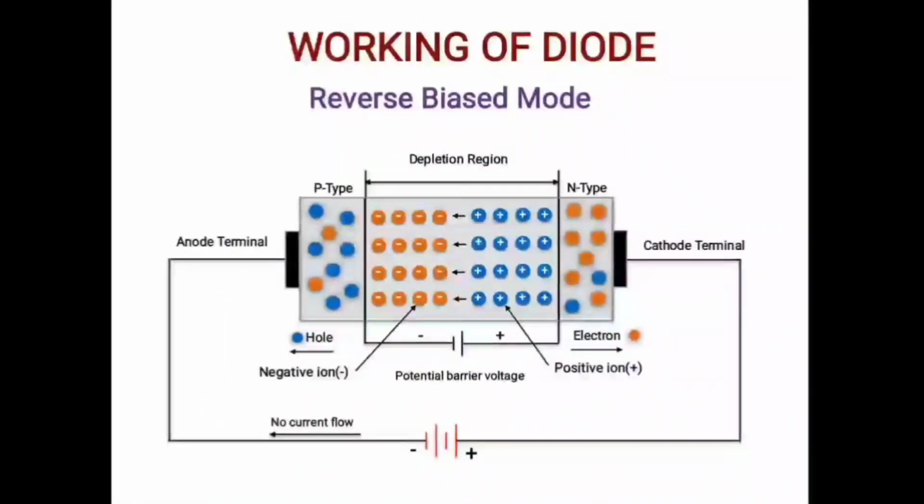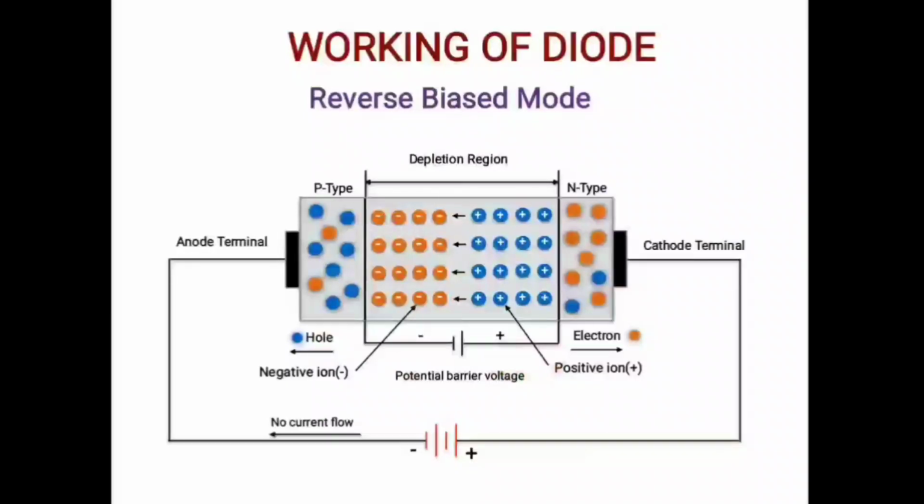In reverse bias condition, at P side, holes as the majority charge carriers will get attracted towards the negative terminal, and at N side, electrons as the majority charge carriers will get attracted towards the positive terminal of the external applied voltage. So the width of the depletion region increases, which creates a stronger barrier potential due to the increase in immobile ions.